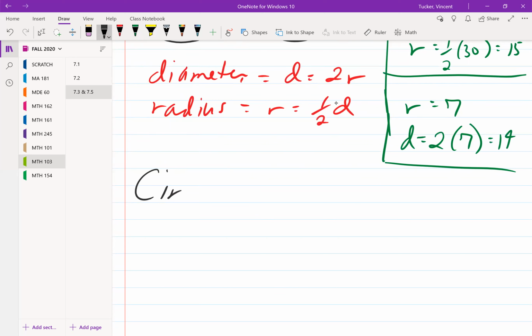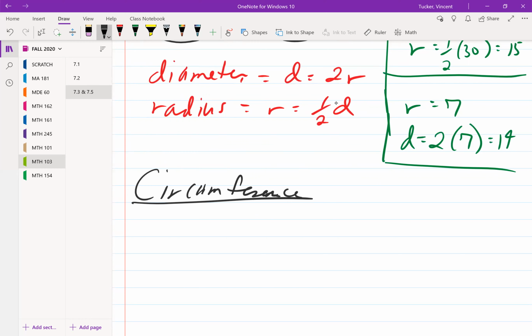All right, the circumference of the circle. So remember when we're dealing with perimeter, you get to add up all your sides. Well, a circle does not have sides, but the equivalent for a circle to the perimeter would be your circumference.